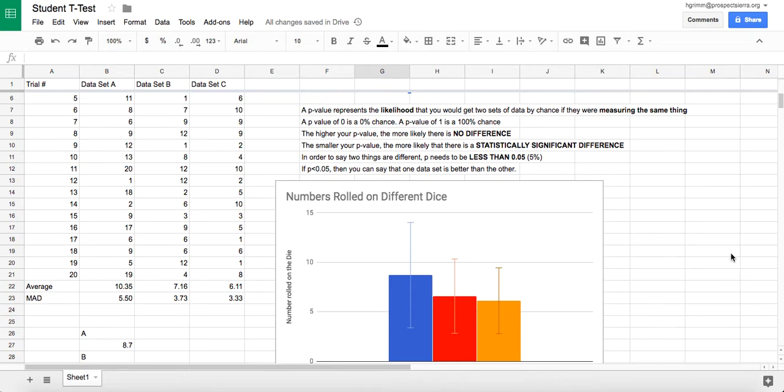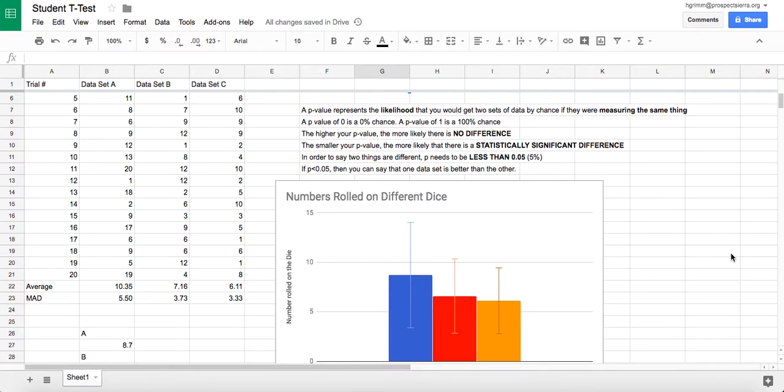A small p-value means that it's more likely that there is a statistically significant difference. So if I have a really tiny p-value, that means that it's likely that these numbers came from something different, that I can actually say that one is better or worse than the other. Remember, these numbers are going to be between 0 and 1, and they represent a percentage chance.